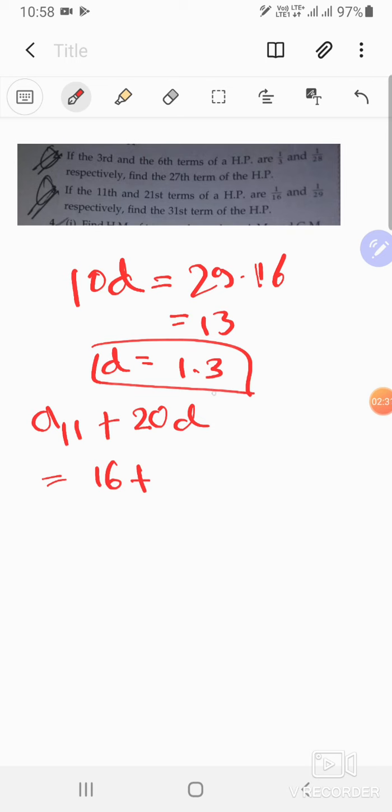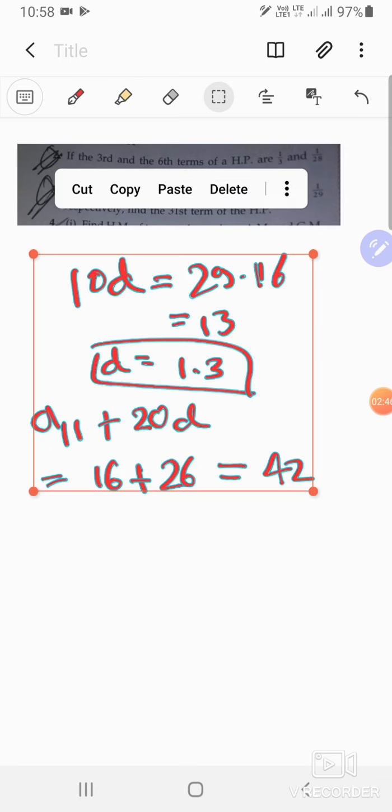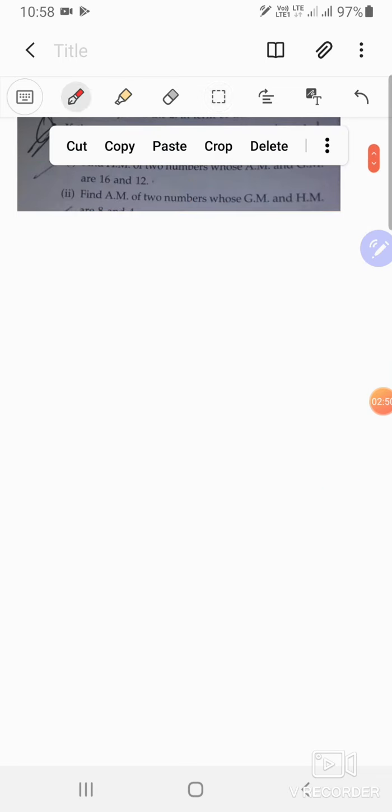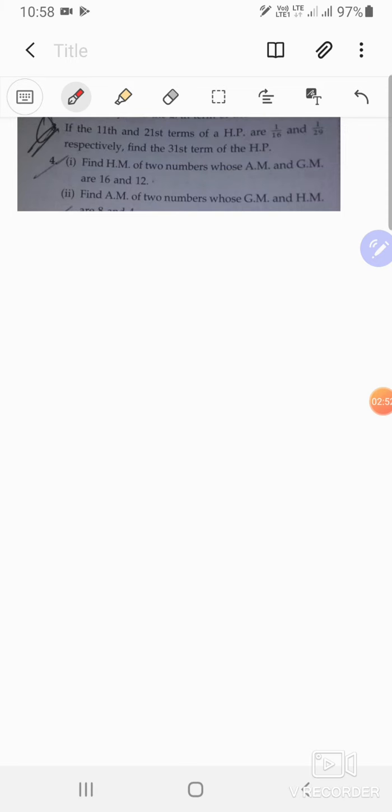D is 1.3, so 20 into that is 26. That gives you 42. So 1 upon 42 will be the 31st term of the HP. I think so. There might be mistakes. Let's just not talk about that.